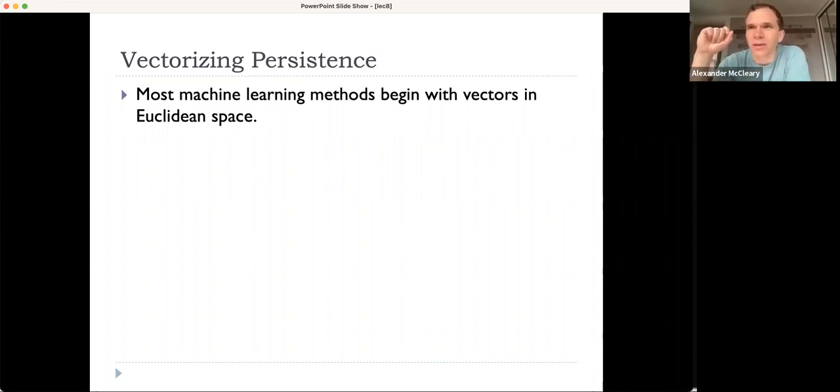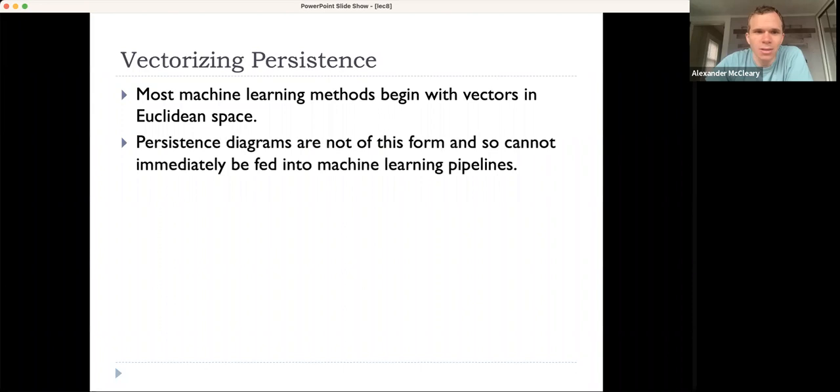The distance between two points is just the length of the line segment between those two points. And persistence diagrams can't be embedded into Euclidean space isometrically, so we don't have the structure here. We're going to have to figure something out if we want to use machine learning algorithms on persistence diagrams.